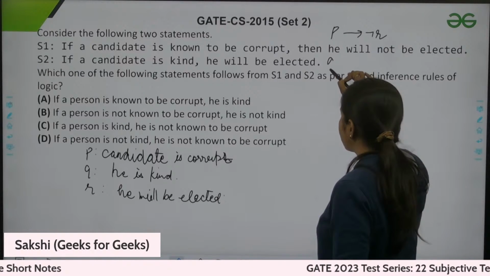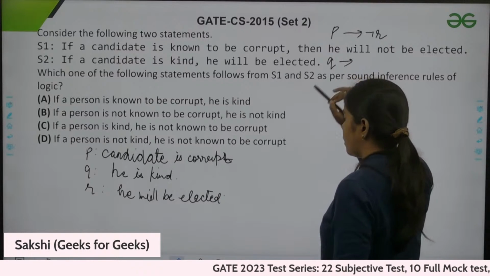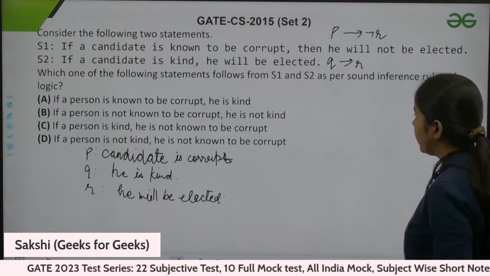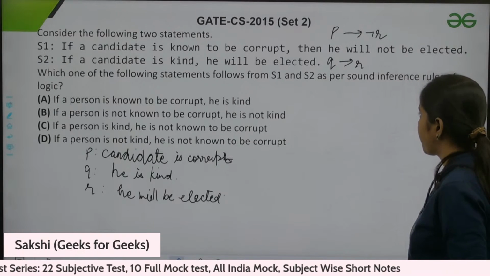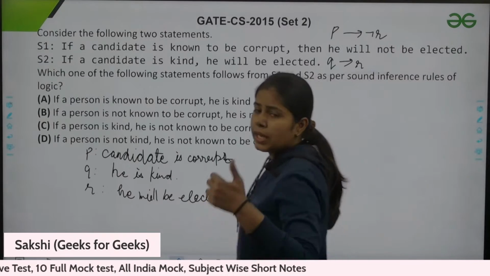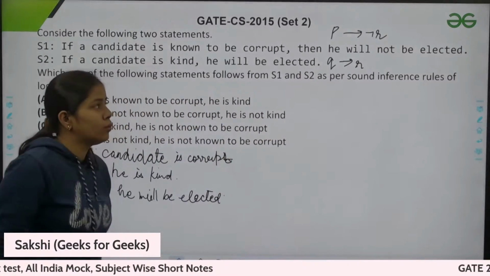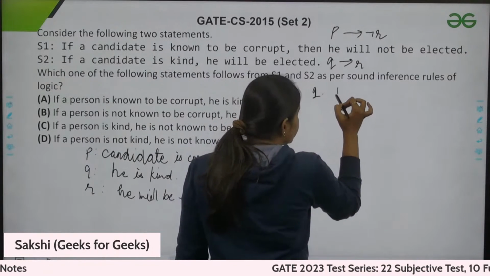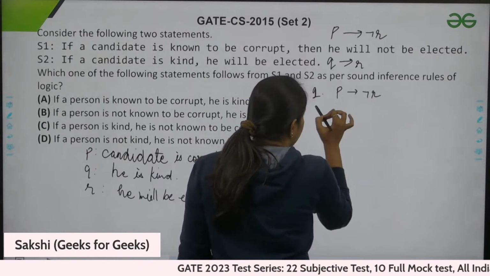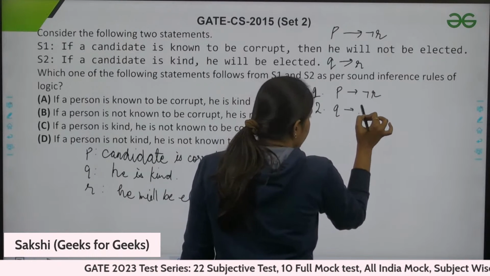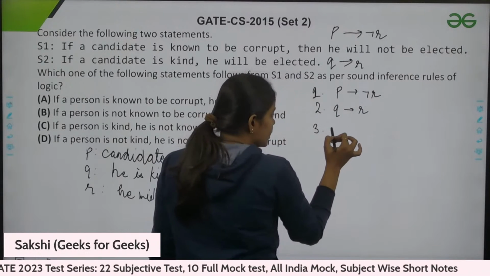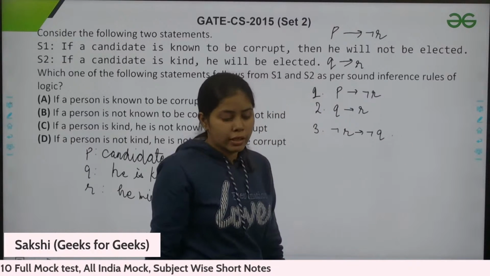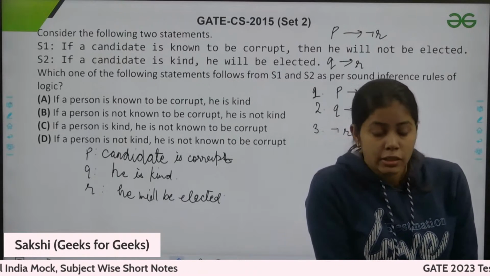Candidate is kind, that means Q implication he will be elected, R. Now you can see here that we cannot use any of the rules in these two statements because they are not going to combine using rules of inference. So what I can do here is, can I write from these two statements, this third statement, negation of R implication negation of Q? What I have done here, I have taken the contrapositive.